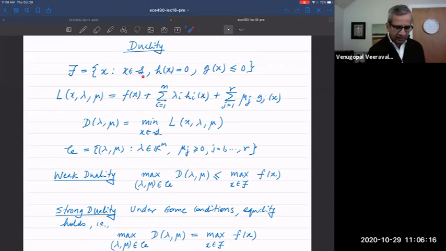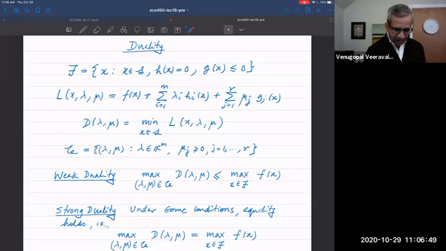And we could have some other set S. Typically this set corresponds to the set of values of x for which the functions are well defined, the domain of the functions. But if the functions are well defined over all of Rn, then this set will be Rn.